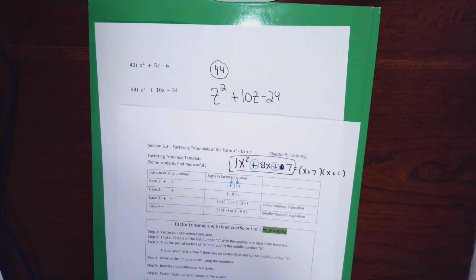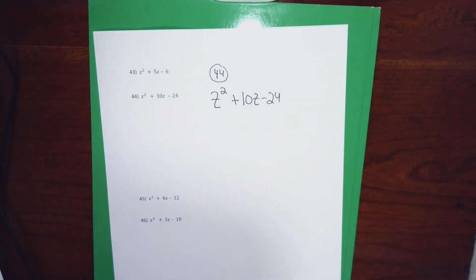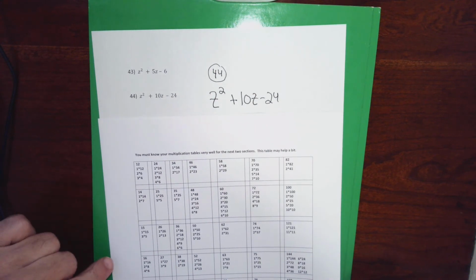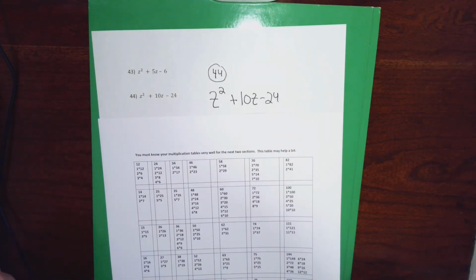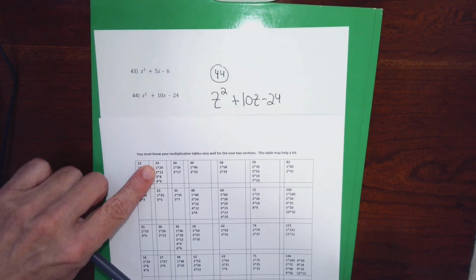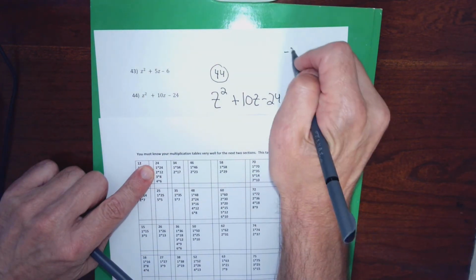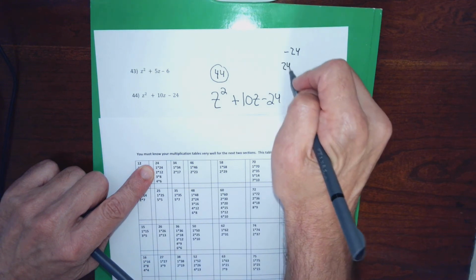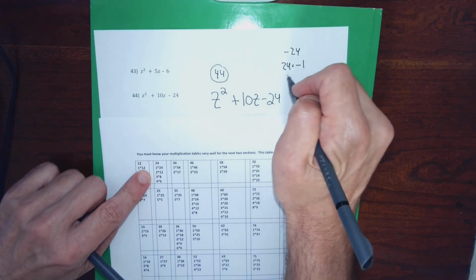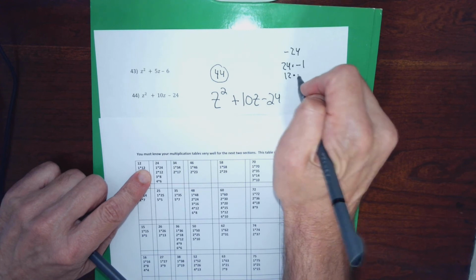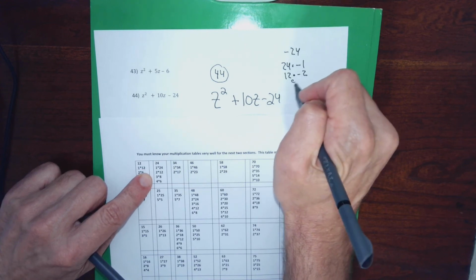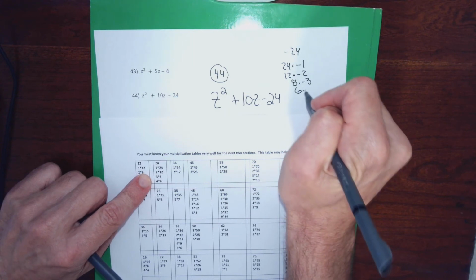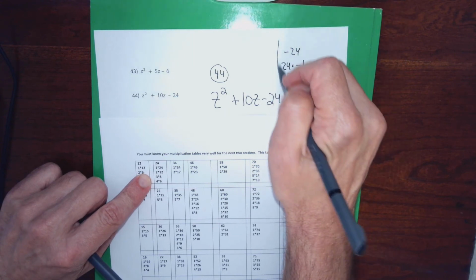So factors of 24, I'm going to do bigger number plus, smaller number minus. So negative 24 is 24 times negative 1. It's 12 times negative 2. It's 8 times negative 3. It's 6 times negative 4.